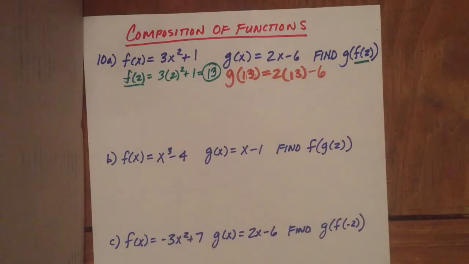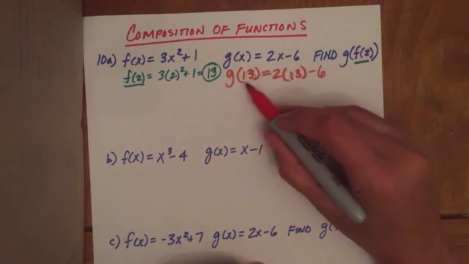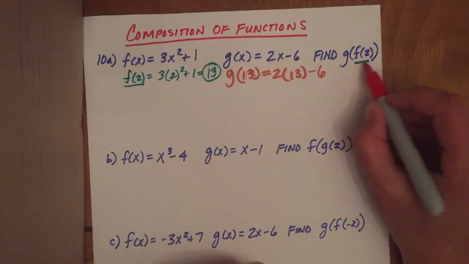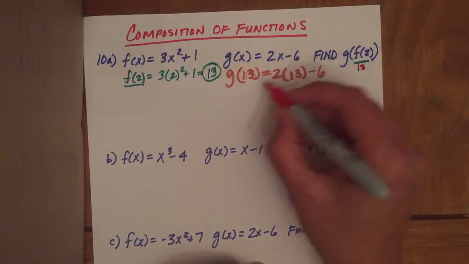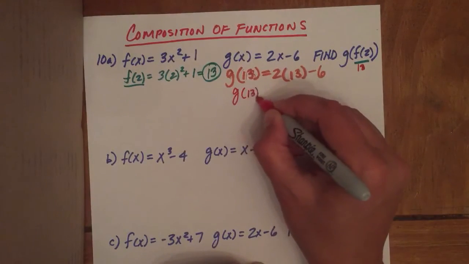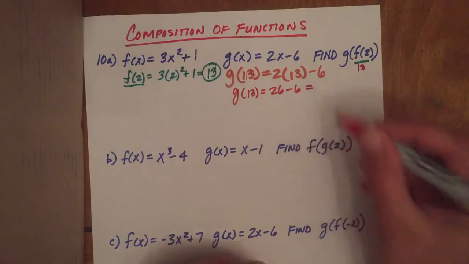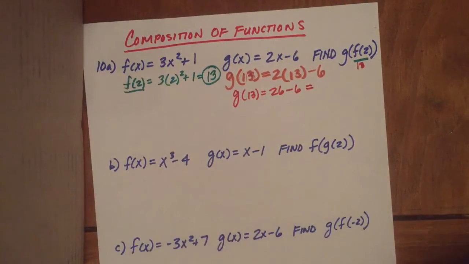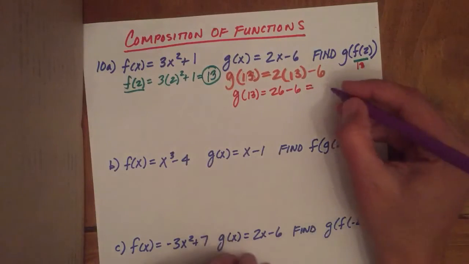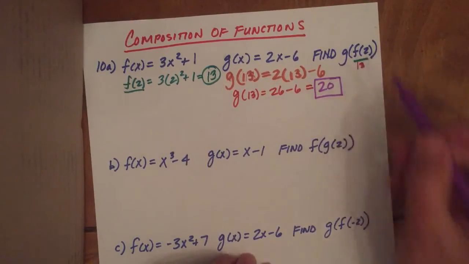Again, what I've done is I've plugged in a 13 for g because I'm finding g of f of 2. Well, f of 2 was 13, so I'm finding g of 13. So g of 13, I plug the 13 in. So g of 13 equals 26 minus 6, which is 20. So that is your final answer. 20 is g of f of 2.